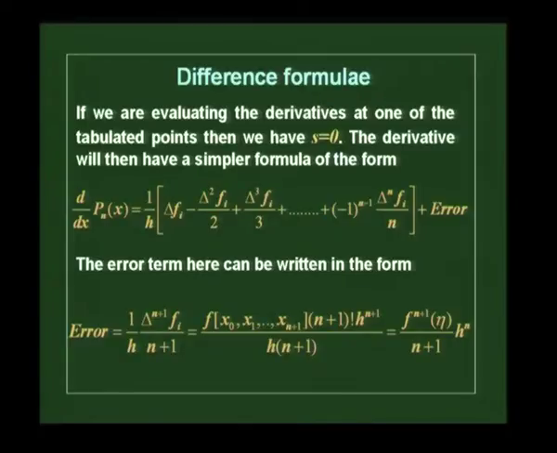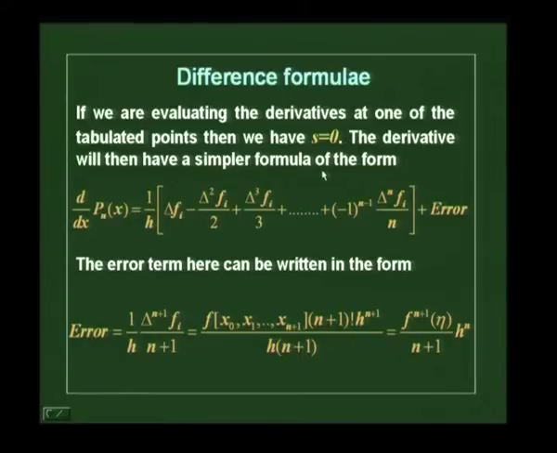So, as I said just now, if I want to write down the derivative of the function at one of the tabulated points, then we could enter the polynomial at the same value and then construct the polynomial.